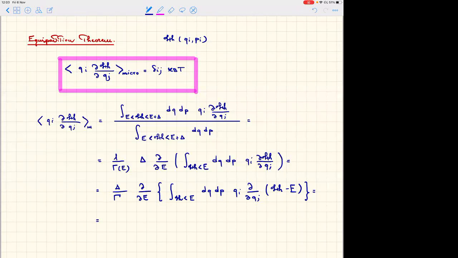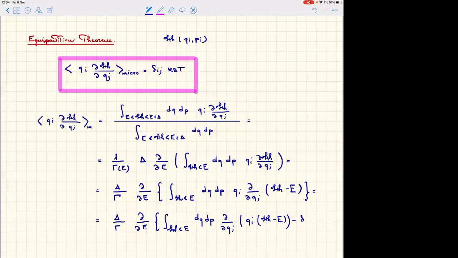So now I take this and I do what I was doing before. I rewrite it as d/dE of the integral over H smaller than E of dq dp, and then what I have is d/dqj of qi (H minus E), minus the derivative d/dqj acting on qi.